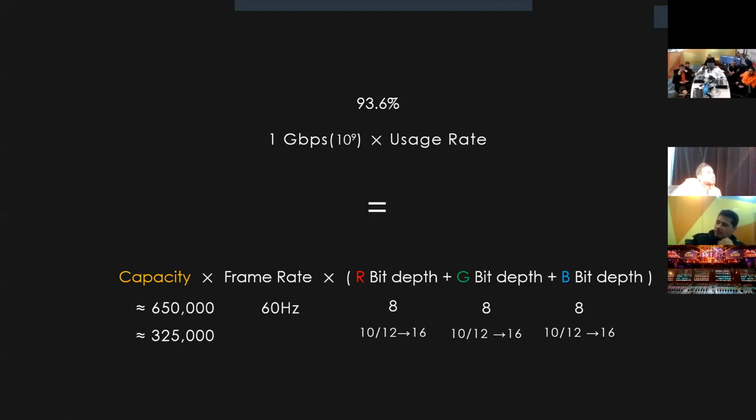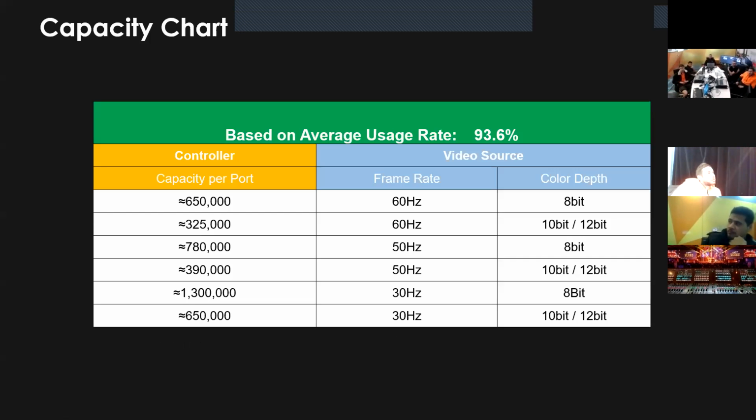All right, let's see the capacity chart. This is based on average usage rate. For color depth 16 bits at 16 Hertz, it's around 0.65 million pixels.